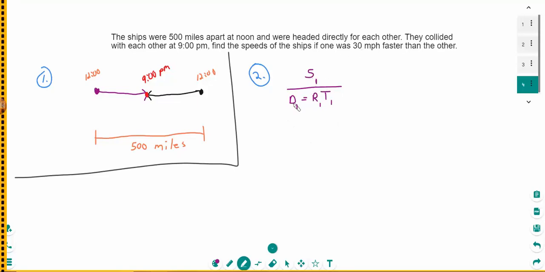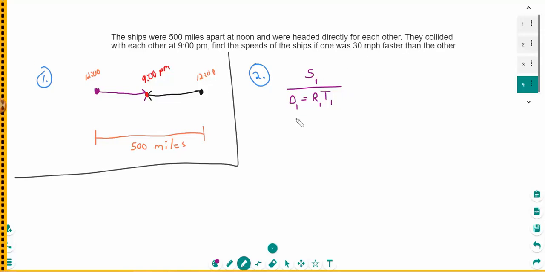What do we know about the rate of ship number 1? It says that one of the ships was 30 miles per hour faster than the other. They don't tell us which one, so we get to pick. It doesn't really matter so long as one of them is indeed 30 miles per hour faster. So let's make the faster one ship number 1.